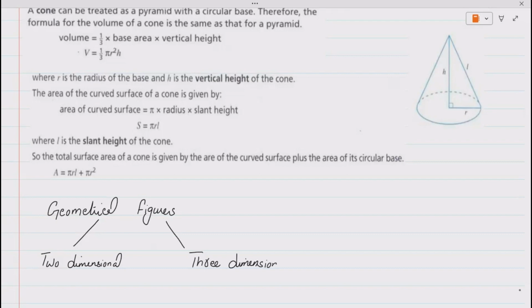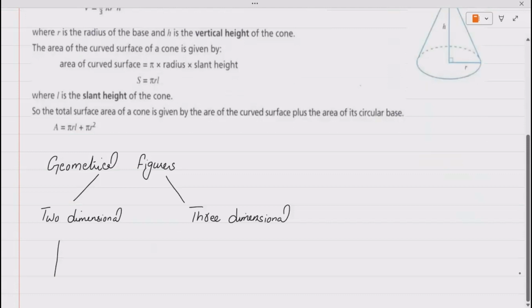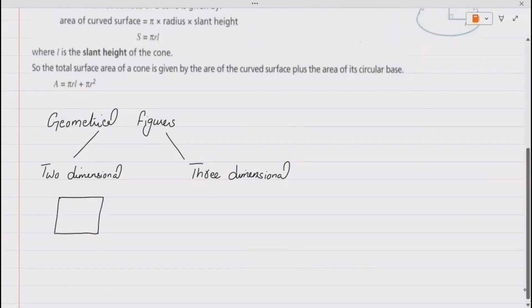Okay. So when we talk about two-dimensional shapes, like square, circle, triangle, etc., the two-dimensional shape has two properties. Number one is area. This is the area. So how much place any object can take, right?